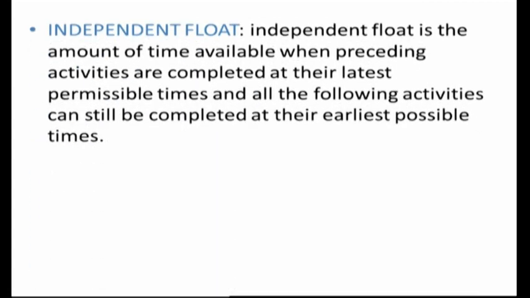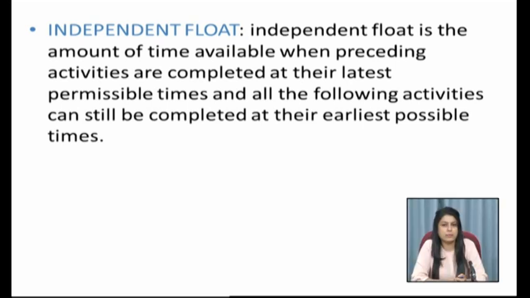And finally, we have the independent float. It is the amount of time available when preceding activities are completed at the latest permissible times and all the following activities can still be completed at the earliest possible times.